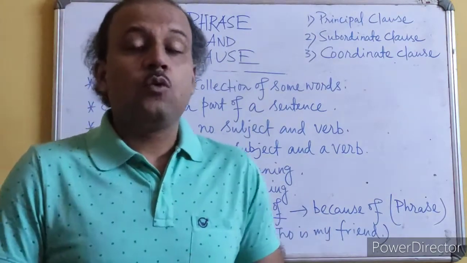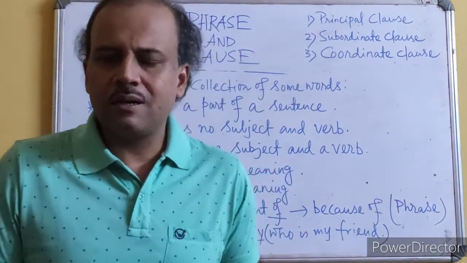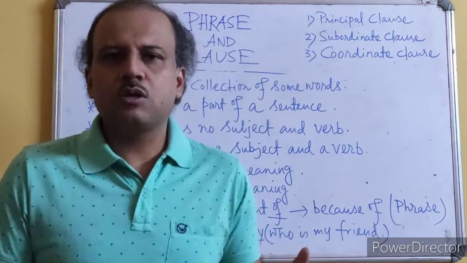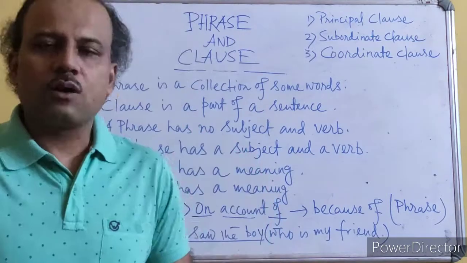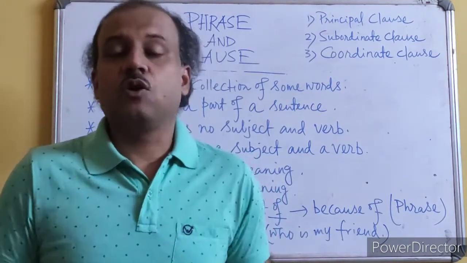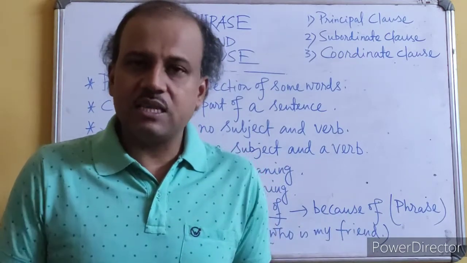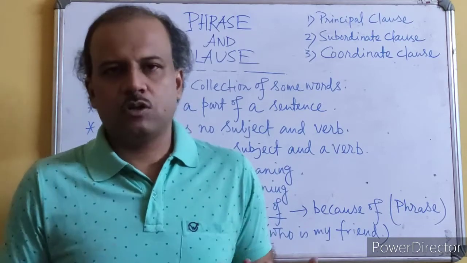If one asks what the dissimilarities between phrase and clause are, we can answer that they have several dissimilarities also. A clause has a subject and a verb, which the phrase does not have. So that is the basic difference between a phrase and a clause.